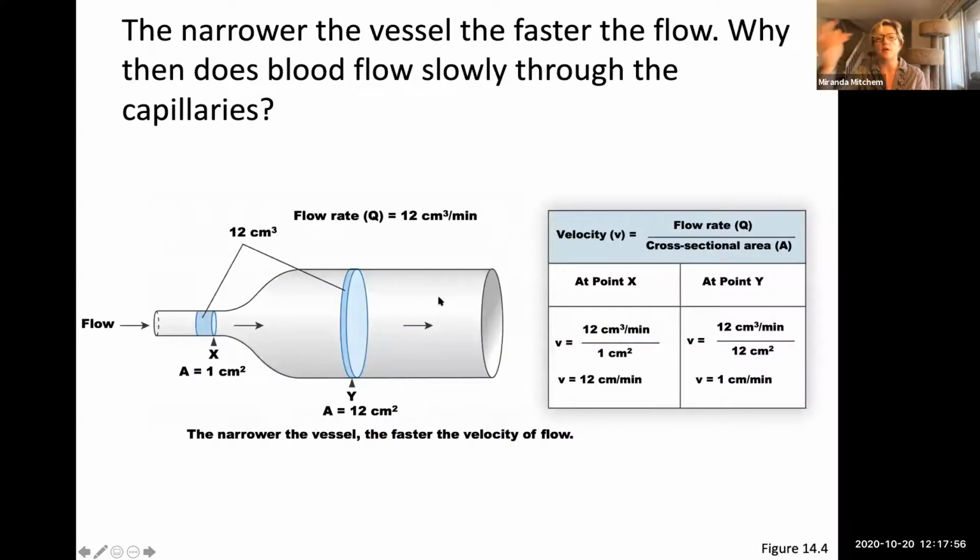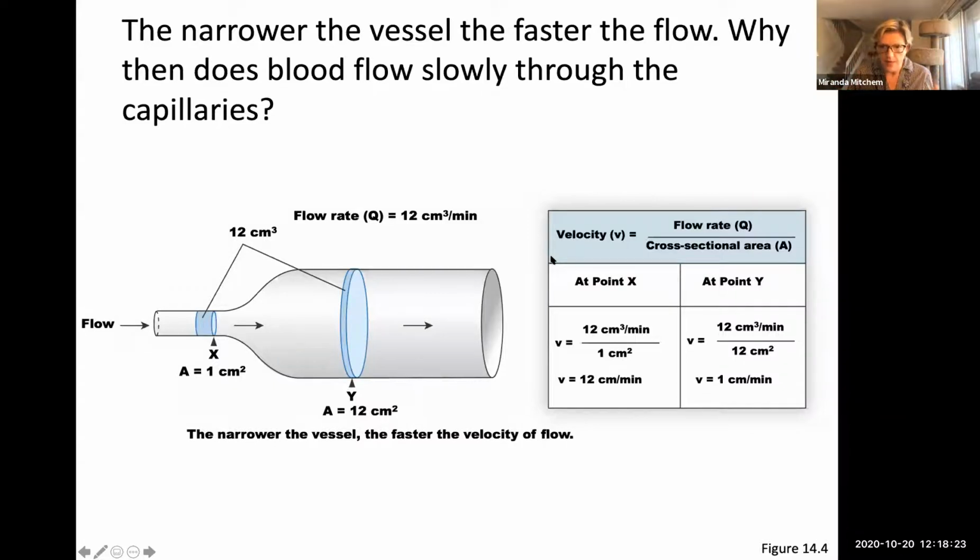So here's that scenario. We're looking at 2 points here. At point X, the area is 1 centimeter squared. At Y, it is 12 centimeters squared. So our flow rate would be 12 centimeters cubed per minute.